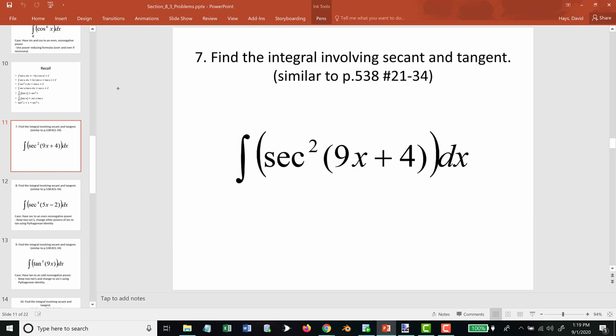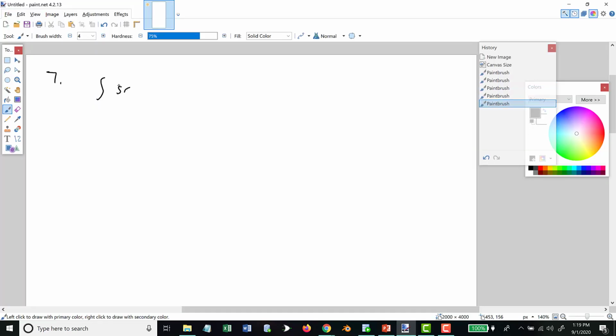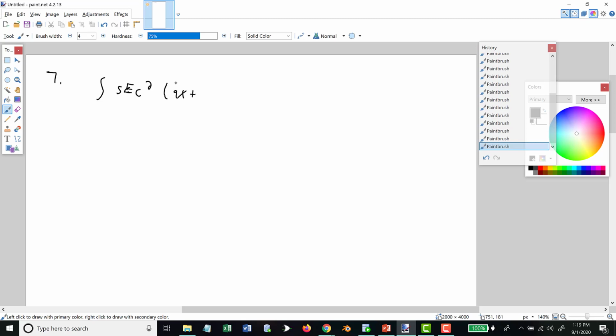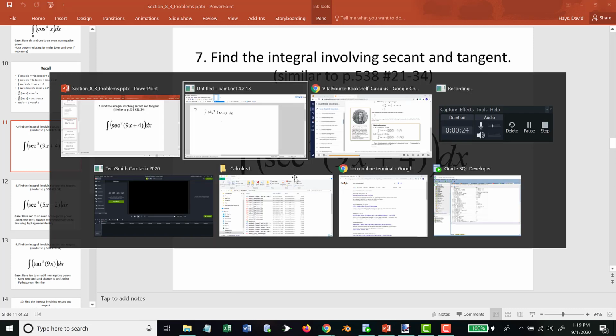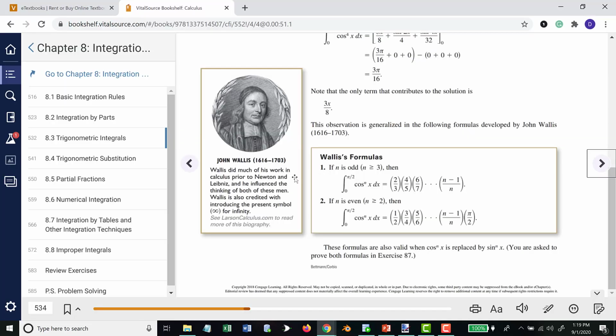Got the integral of secant squared of 9x plus 4 dx. Now this one doesn't have any note underneath here. I should have put a note saying it's nothing out of this section. Secant squared, the integral of it is tangent.